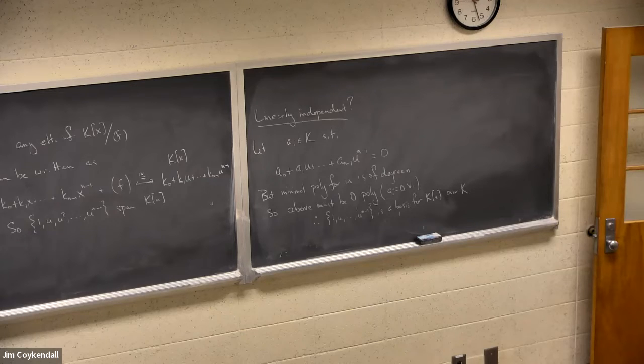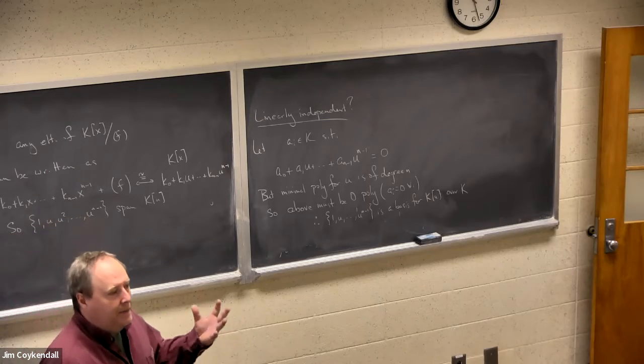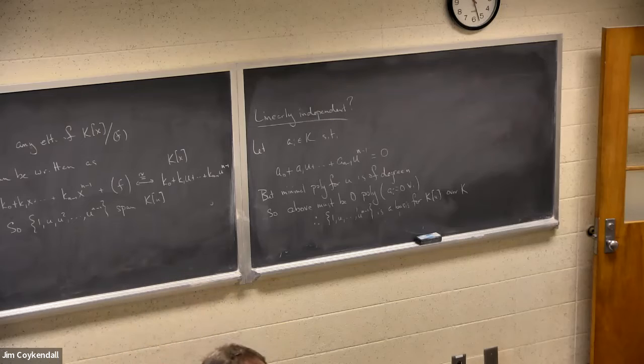Everybody okay with that? And let me explain, the last statement basically says every element of K(U) can be written uniquely as a linear combination of powers of U. That is exactly because the powers of U form a basis, right? Remember, a representation by basis is unique.